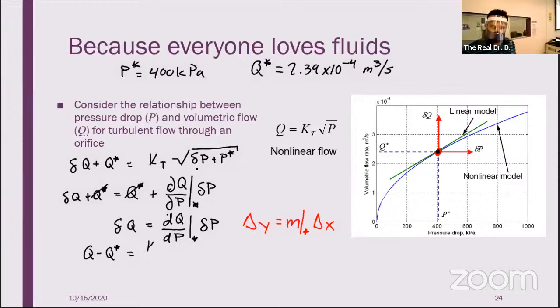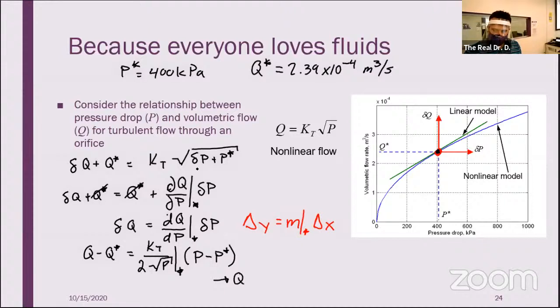So the derivative is going to be K_T over 2 times the square root of P, because P to the half, I'll pull the 1/2 in front, becomes P to the negative 1/2, which is just 1 over the square root of P. I can evaluate this at my nominal point, and this gets multiplied by P minus P star.